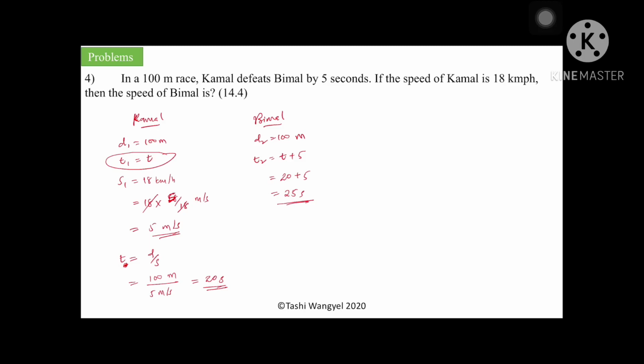The question asks: if the speed of Kamal is 18 km per hour, what is the speed of Bimal? Speed is equal to distance by time.